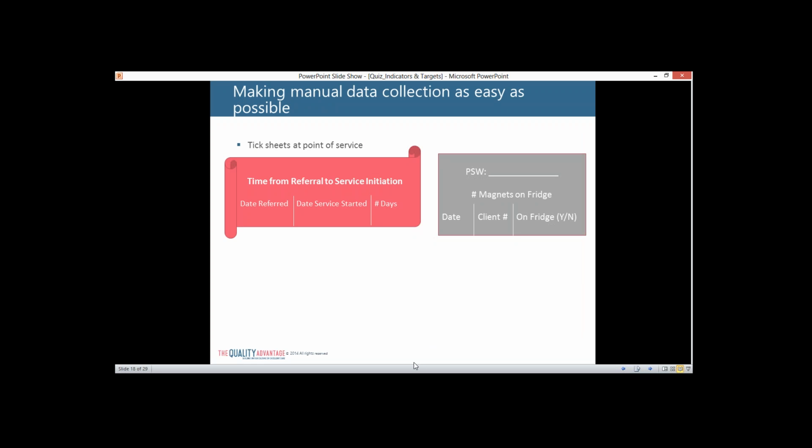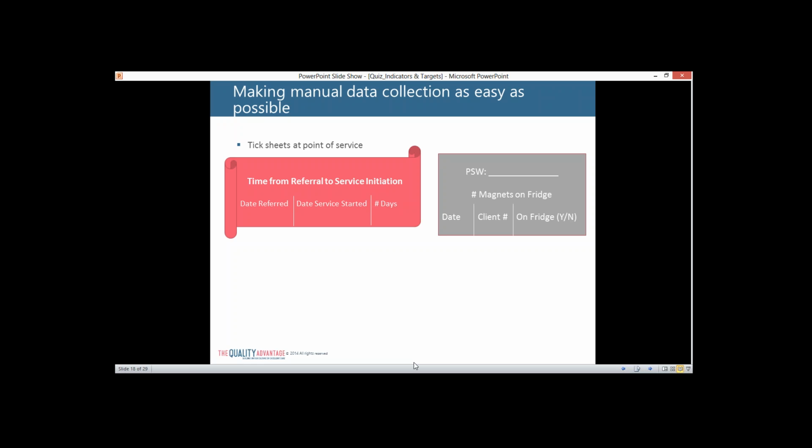So let's take a look at a couple of examples of some easy ways to do this manual data collection, sometimes for outcome measures, but almost always the case for process measures. This is an example of a tick sheet that would obviously be longer, but that might be kept at intake.